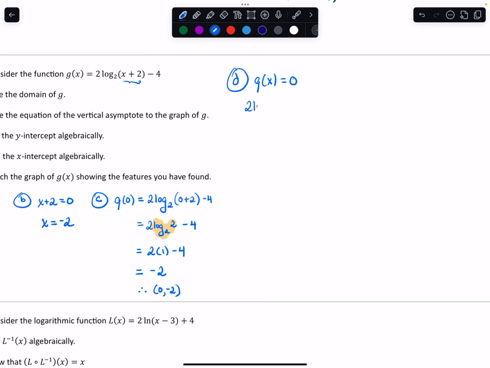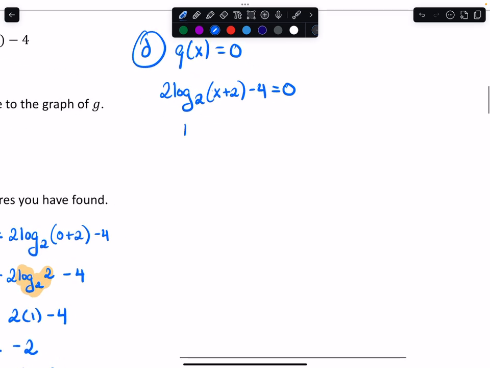So I'm going to have to solve this equation: 2 log base 2 of (x plus 2) minus 4 equals 0. We're going to add the 4 over, so that equals 4. I'm going to divide by this 2. So now I have log base 2 of (x plus 2) equals 2.